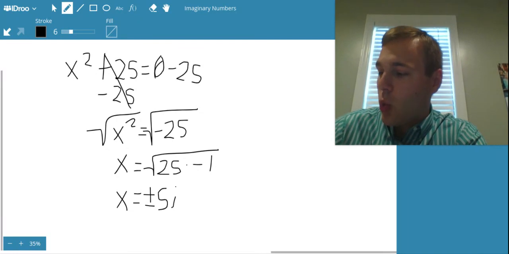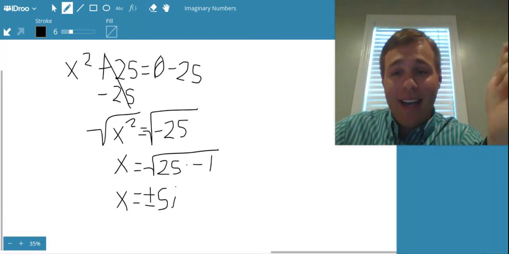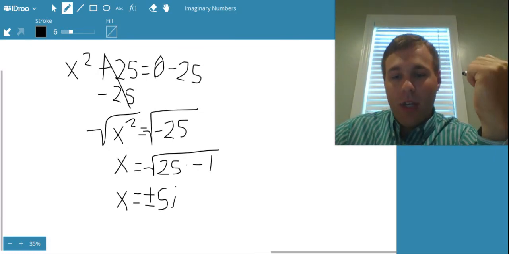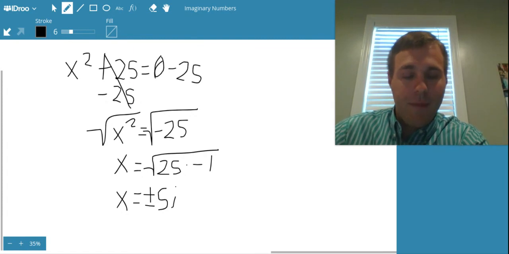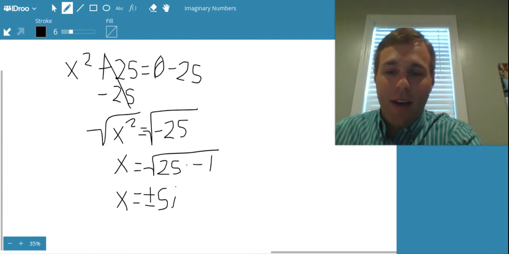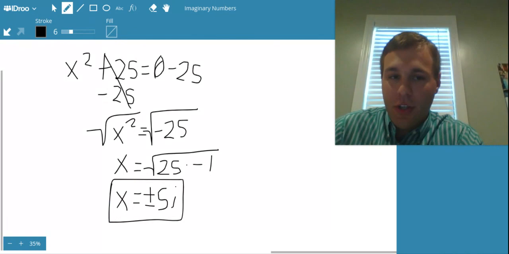So the answer, x in this particular quadratic equation, equals plus or minus 5i. And we used imaginary numbers in order to solve that. This is not a real number in the sense that it's not on a number line. It's just an imaginary number.